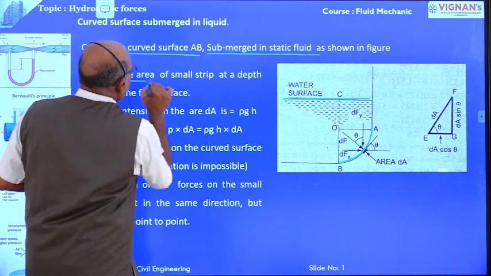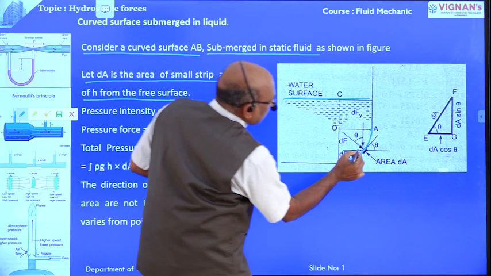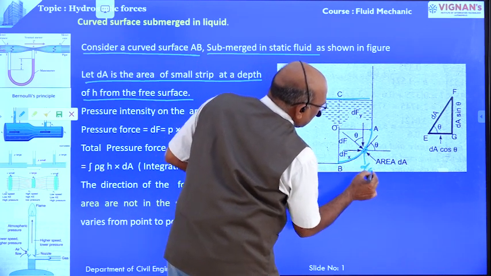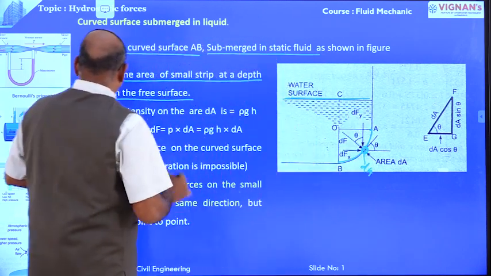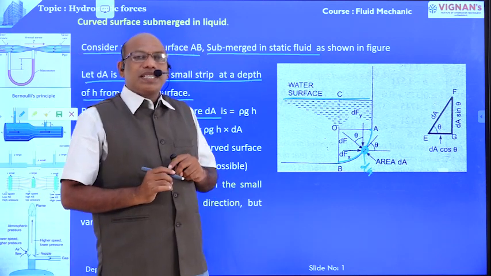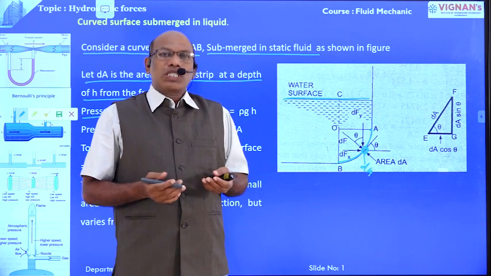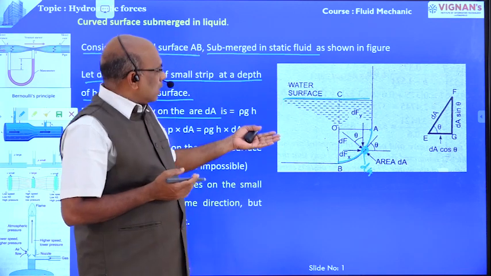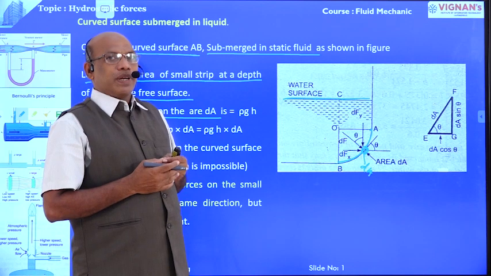Let dA be the area of the small strip at a depth h from the free surface. This is the small area dA, the area of the small strip that is h distance from the free surface. Then pressure intensity on the area dA is equal to w h. w is nothing but rho g, mass density into acceleration due to gravity, into h, the distance from the free surface to the center of the small strip area.